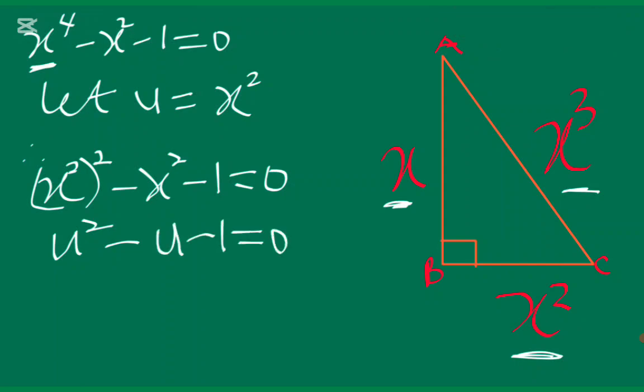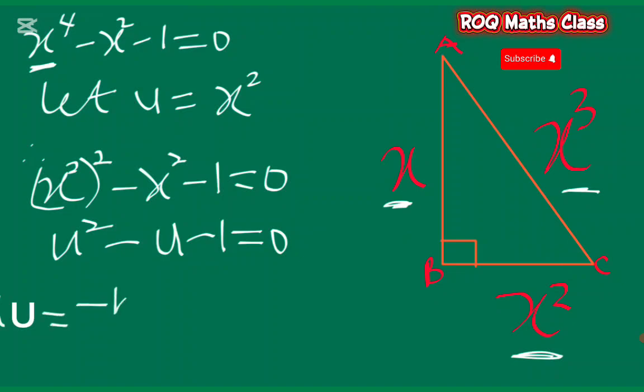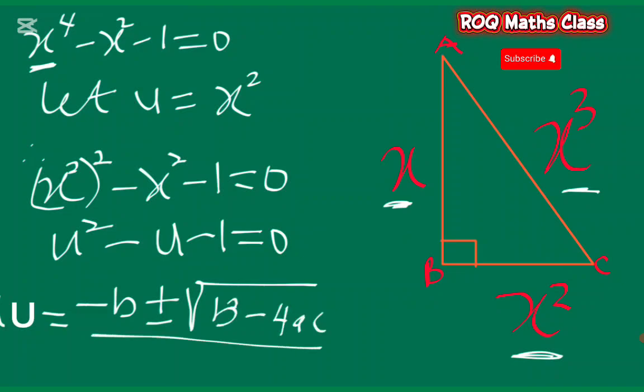So this is going to call for the use of the quadratic formula. In that case, we are going to have our u is equal to minus b plus or minus the square root of b squared minus 4ac over 2a.